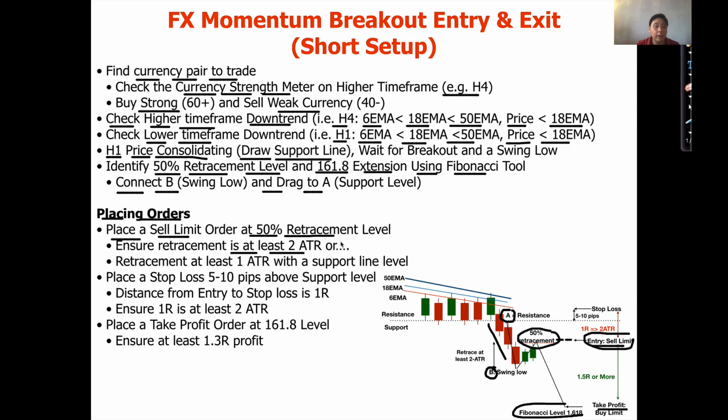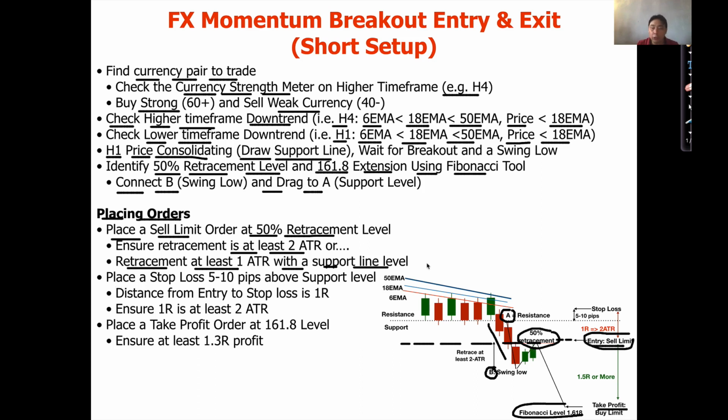Or if it is not, it should be at least 1 ATR and hitting a strong level of support or resistance. So in other words, you want to see some kind of a support or resistance level here. It's hitting that level of support or resistance, and if that happens, we can take 1 ATR retracement.